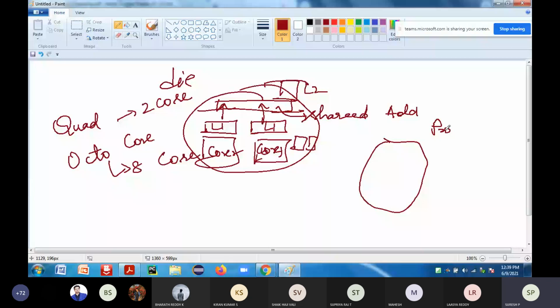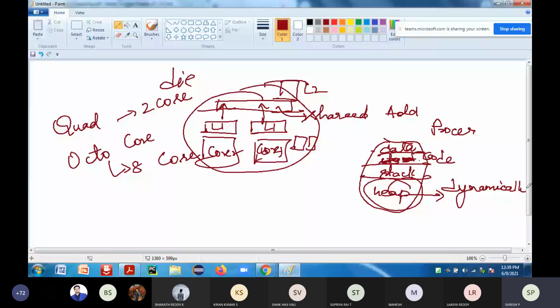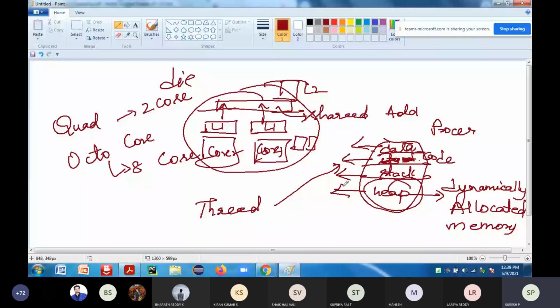So any process will be having 4 blocks: the data segment, code segment, stack, and heap. Now, when you talk about the thread, the thread will be having its own individual register and stack, but not the data and code segment.